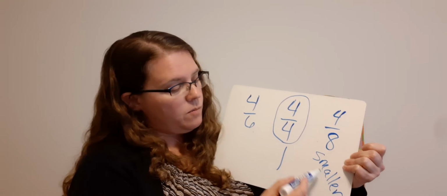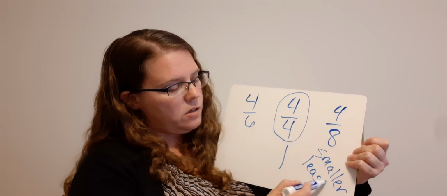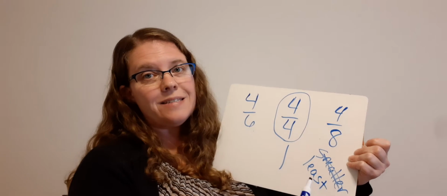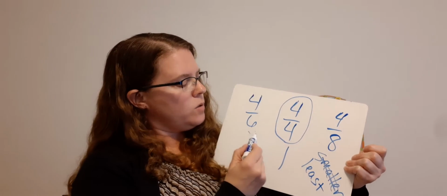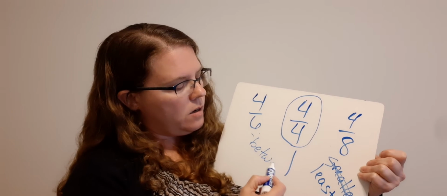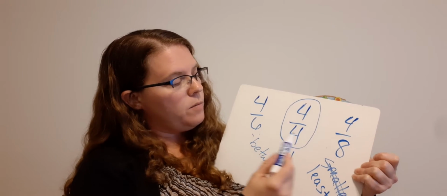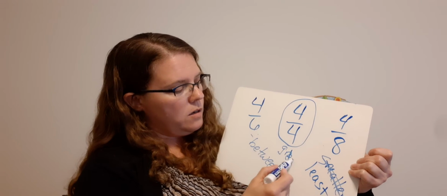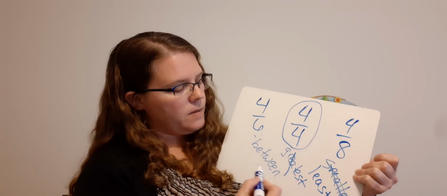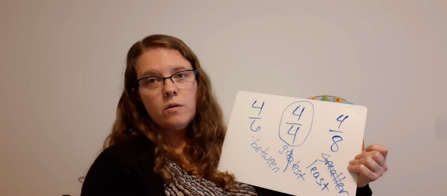Well, I guess I should have used least. This is going to be least. So draw a line from 4/8 to least, and this one's going to be between. So this is your greatest, your between, and your least. Okay? All right, so draw your lines to the spots that they need to be drawn to.